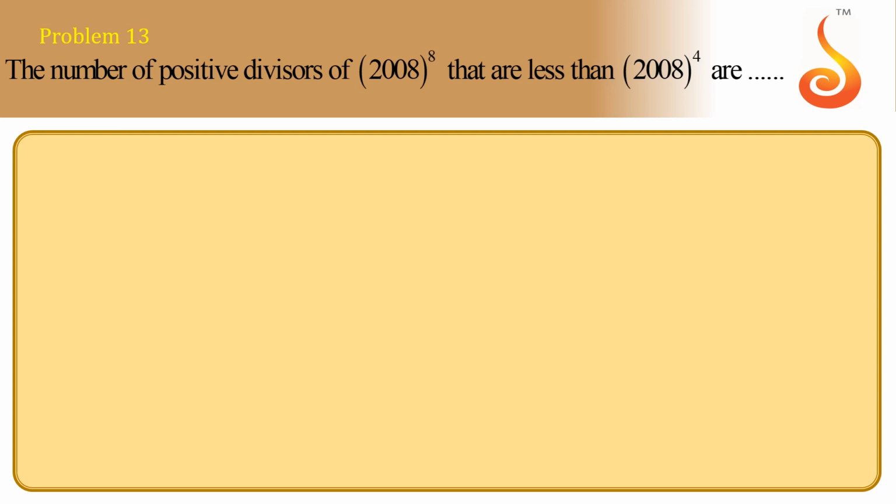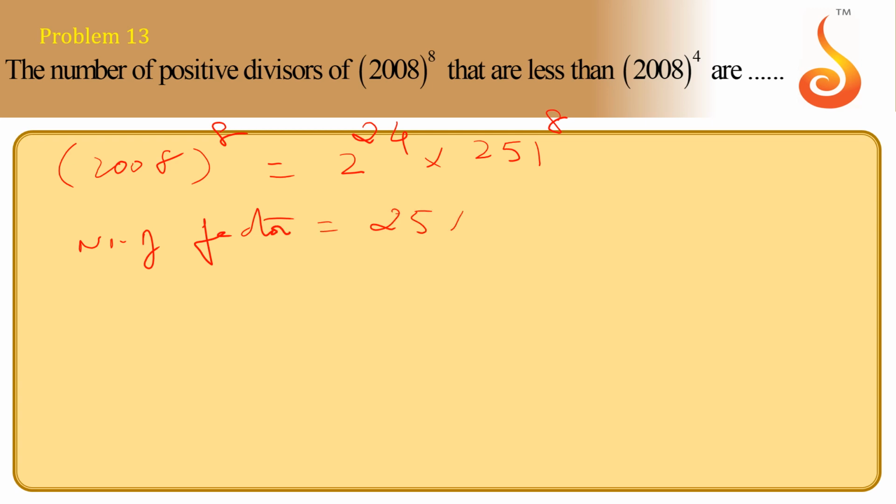If you observe carefully, this 2008 to the power of 8, if you factorize it with prime factorization and simplify, you will get 2 power 24 into 251 power 8. So how many factors you will have? Number of factors you will have is 25 into 9, which is 225.